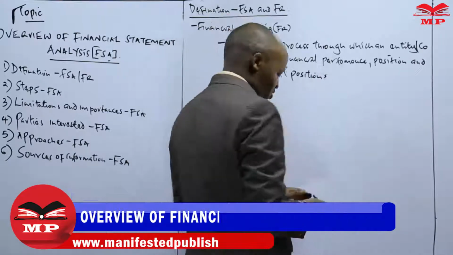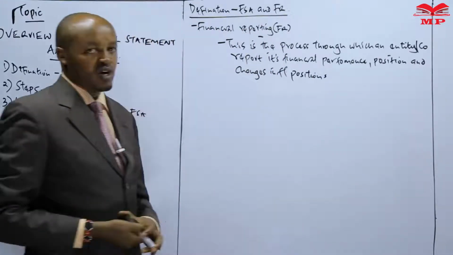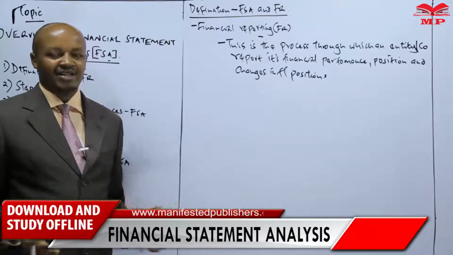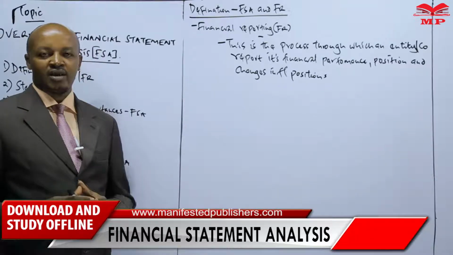And therefore, when we talk about financial reporting, this is that particular process through which a company will have to prepare the financial statements at the end of the year.